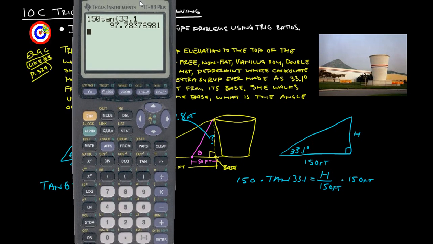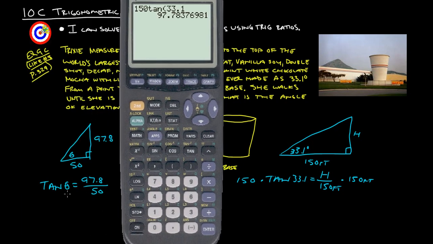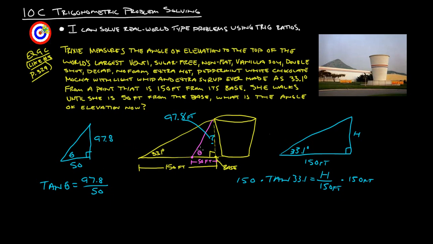When we're trying to find an angle, we will actually do second tangent of 97.8 divided by 50, and we get 62.9 degrees. So that's the new angle of elevation to the top of the world's largest coffee. We'll call it that.